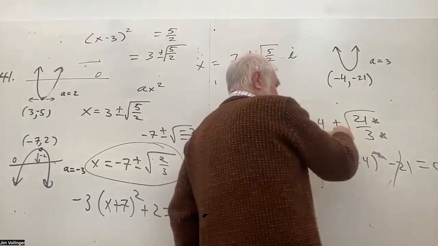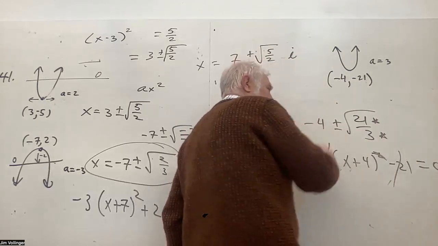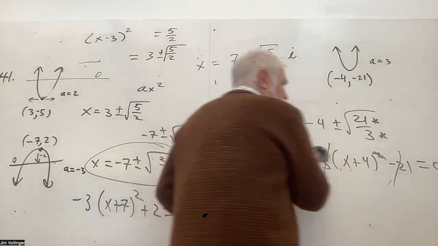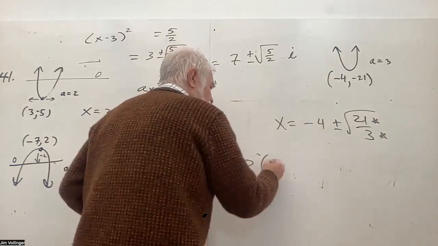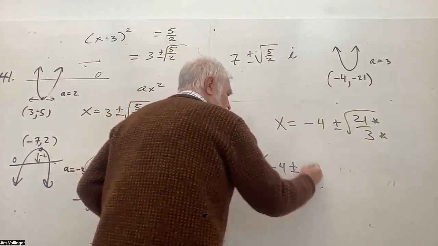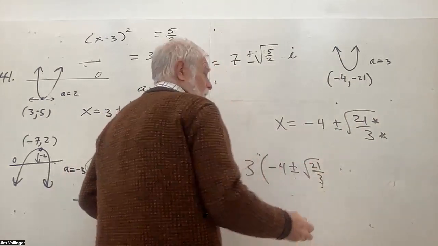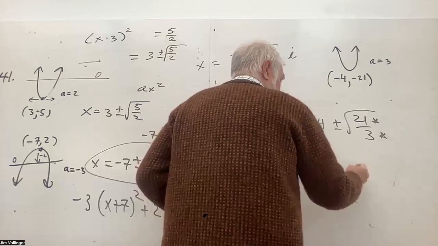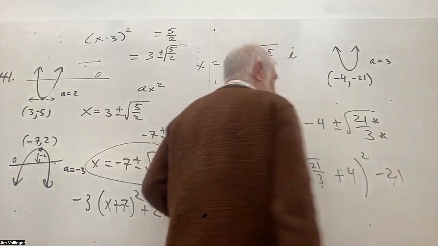Squaring becomes plus minus square rooting, and positive 4 becomes minus 4 on the other side. And I will actually show this one. I'll show the answer. 3 times (minus 4 plus minus the square root of 21 over 3 plus 4) squared minus 21.